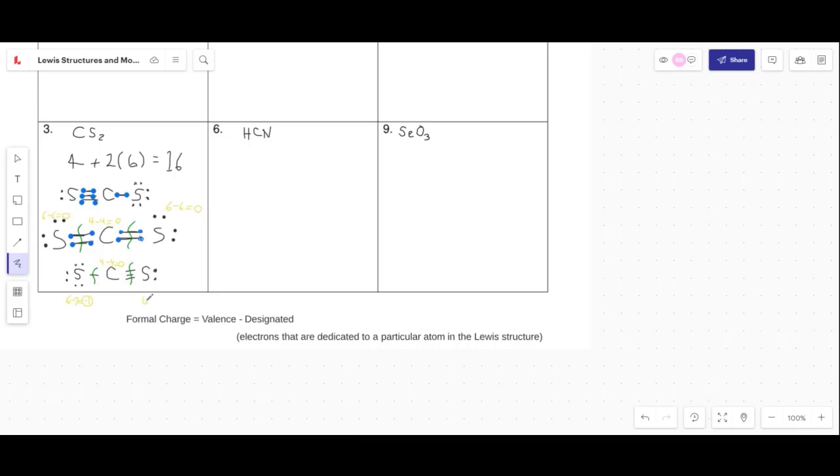Normally the sulfur has 6 valence electrons, but this one on that side has how many dedicated electrons? 5, yep. And so that's going to actually be 6 minus 5, that's a +1 formal charge. So with this bottom one, it has a +1 formal charge. On this one, has a -1 formal charge on this sulfur.